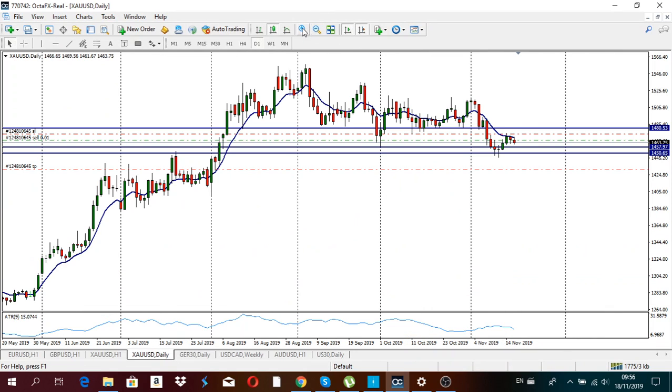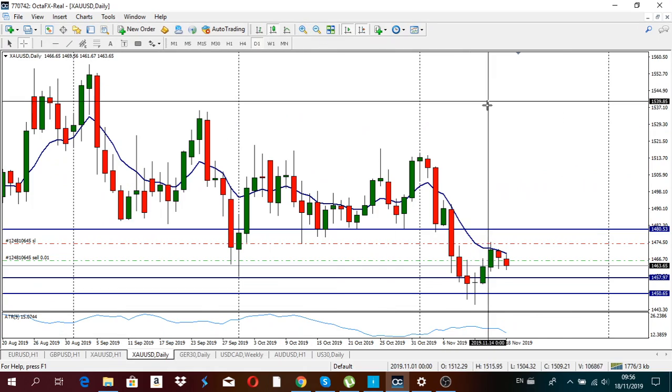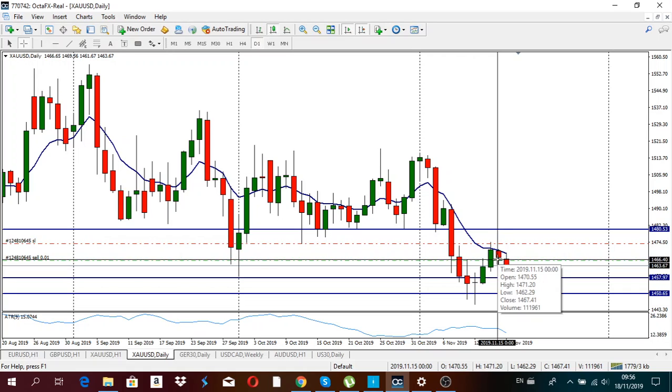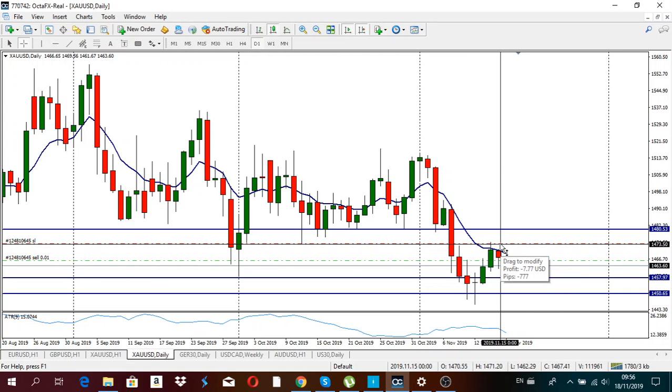So it's quite interesting. And of course I opened the short position right on this candle here. This is on Friday, and I put the stop above the high.